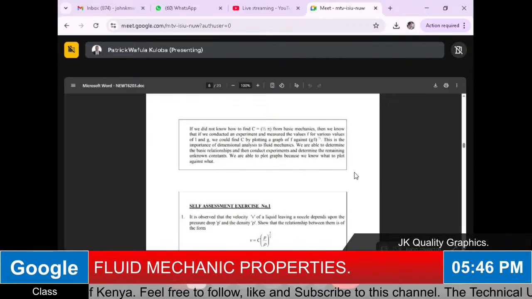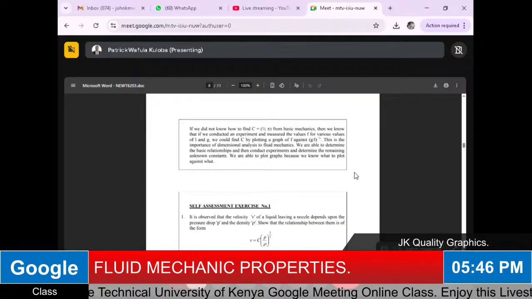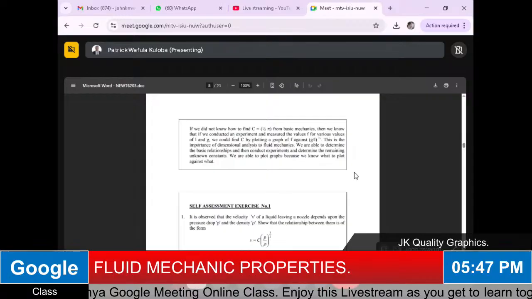Okay, let's do this one. It is observed that the velocity v of a liquid leaving a nozzle depends on the pressure drop P and the density rho. We want to show that v is equal to C times the square root of P over rho.